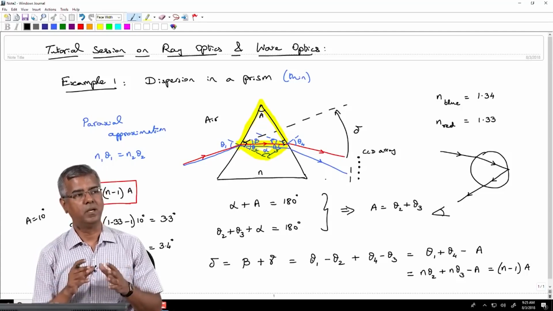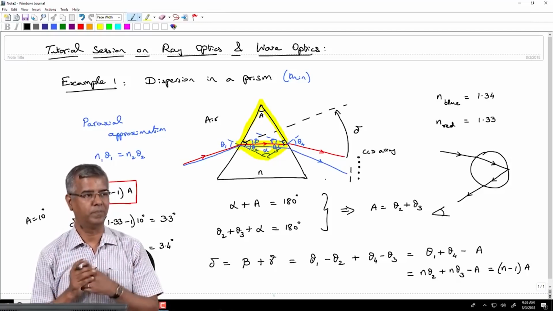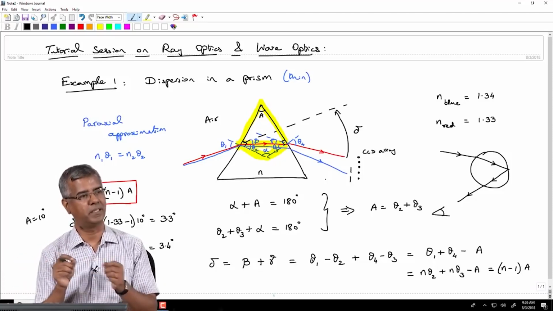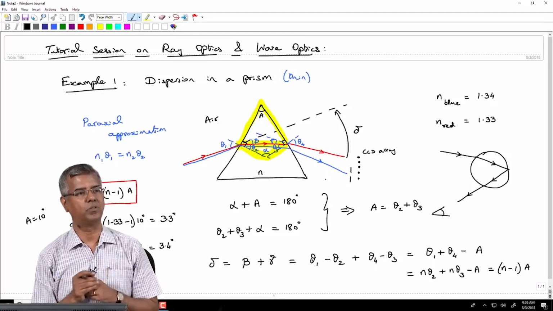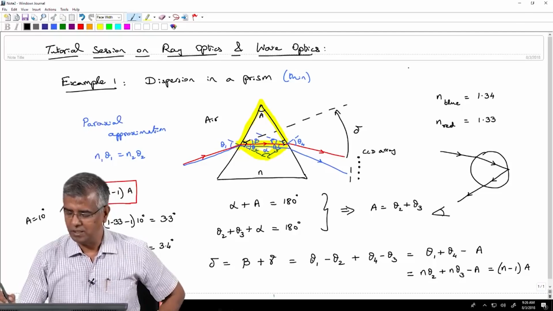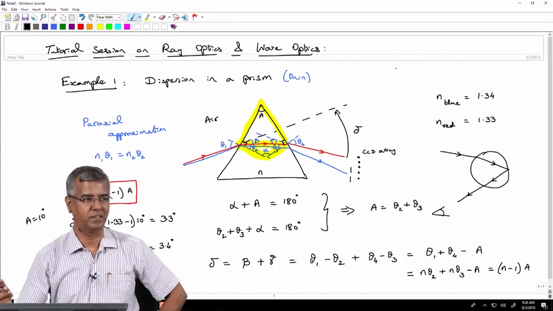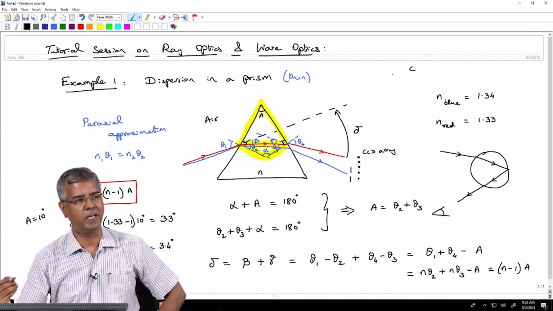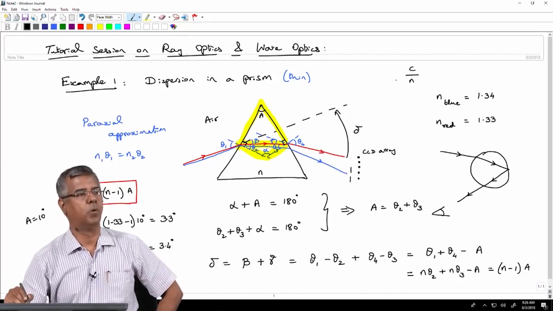So you can imagine that when you are sending a pulse of light which consists of multiple colors through a medium, and if the medium responds in a different way to each of those colors, meaning it actually gives a different refractive index for each of those colors, then the speed at which light is propagating changes. The speed at which light is propagating in vacuum or free space, you can represent as c, but when you are talking about the speed at which light is propagating within a medium, you represent it as c over n.